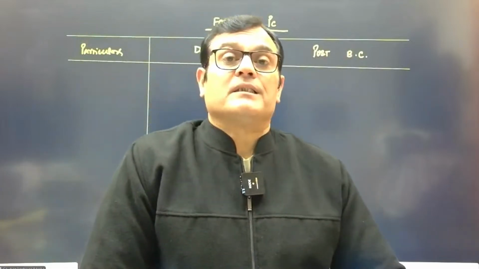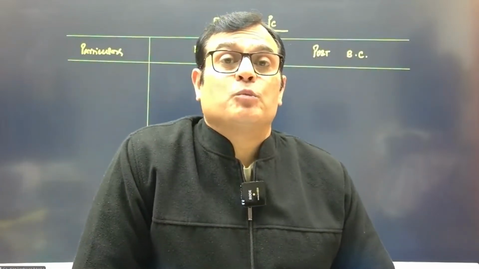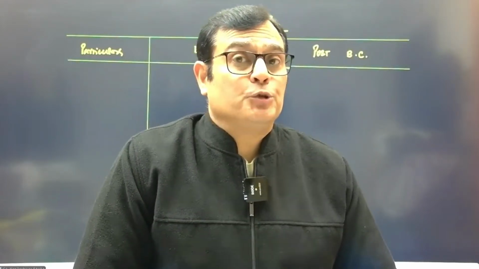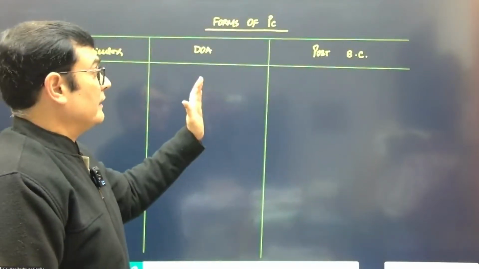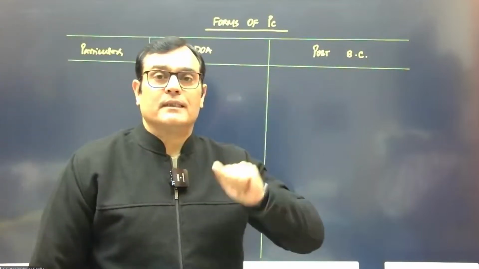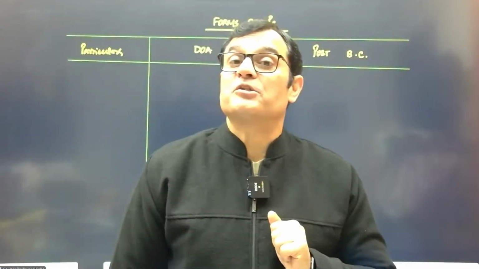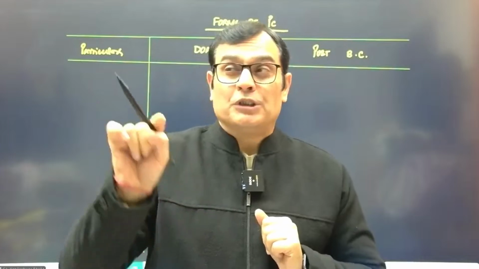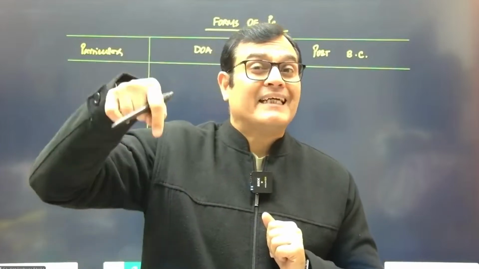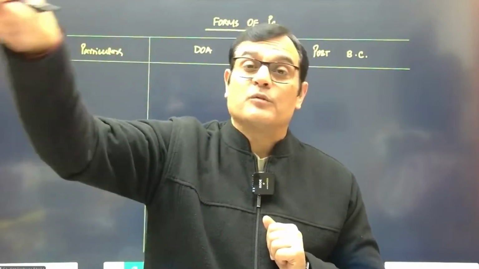For every component, the 7 issues which I gave you, you need to be very clear on the accounting on the acquisition date and the accounting which will happen in the post-business combination period.